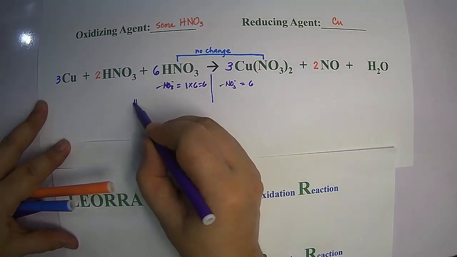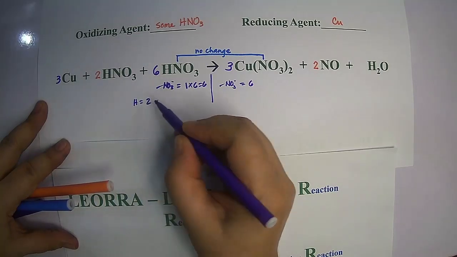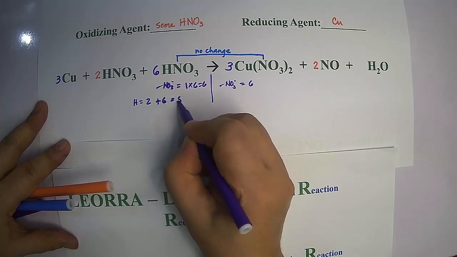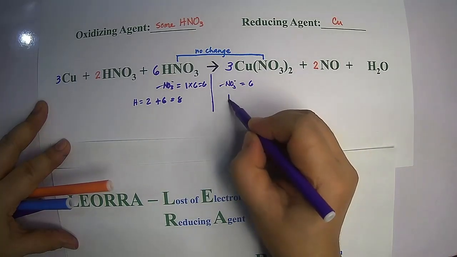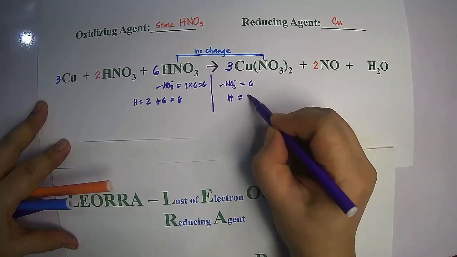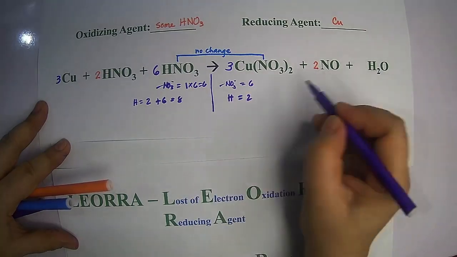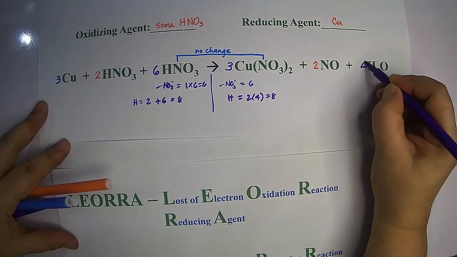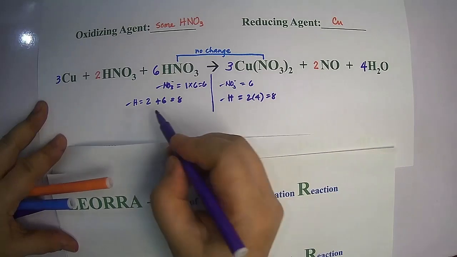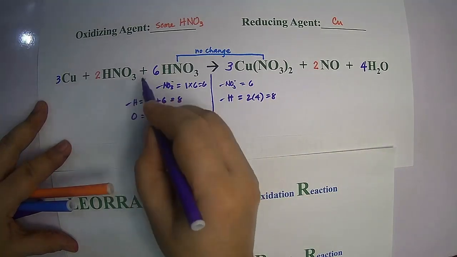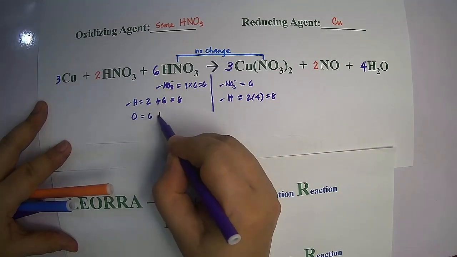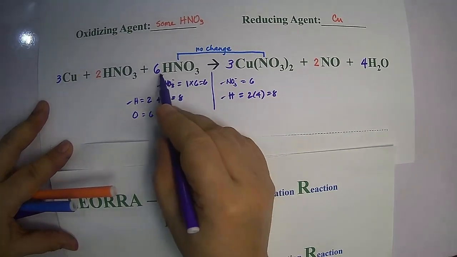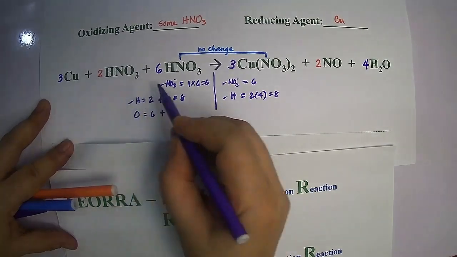The total hydrogen on this side, we have 2 plus 6. That will give you 8. On the other side, the hydrogen is 2. So to make it balance on the left side, we multiply this by 4. So we have it here, balanced. Then next, we have oxygen. On this side, we have 6 plus 18: 6 times 3, 18, 2 times 3, 6.